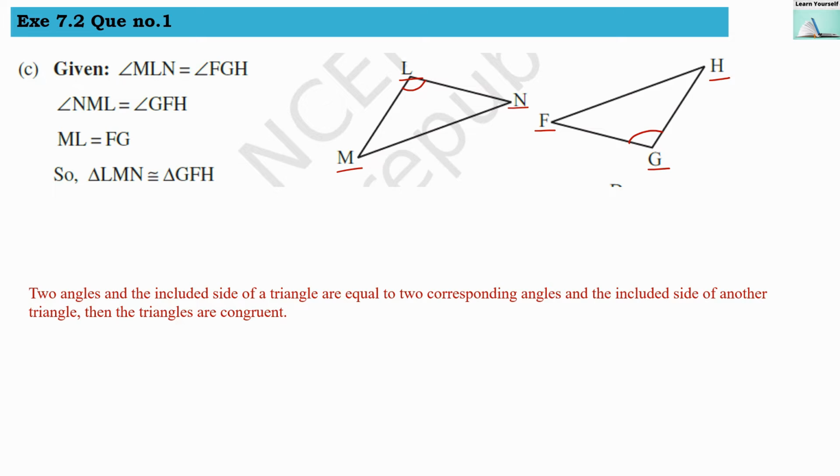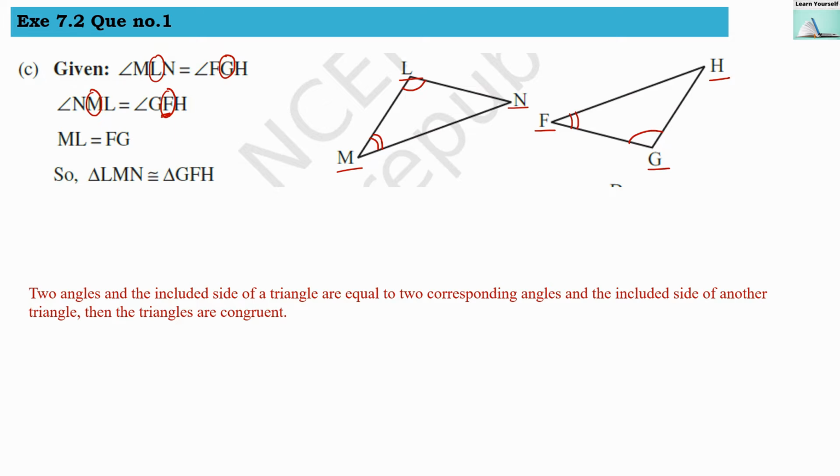Then another angle, NML, so we are talking about this angle, and GFH, so we are talking about this angle. If you have a problem locating the angles, then just check the middle of the alphabet, that is the angle we are talking about. Okay, so these angles are corresponding with each other.